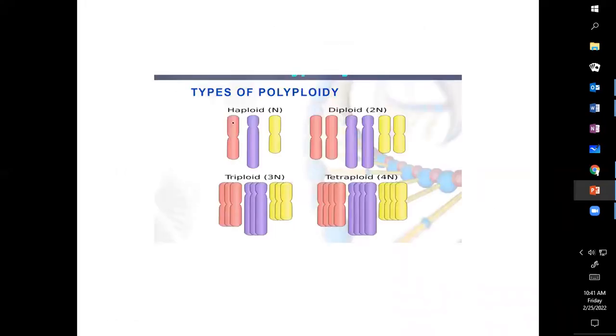So here's just a depiction here. In a haploid organism, we've got 1 of each. Diploid, we've got 2 of each. Triploid, 3 of each. Tetraploid, 4 of each. Now, if you have complete sets, if each chromosome is in a balanced number, we call that euploid.